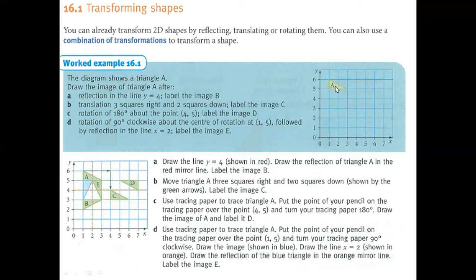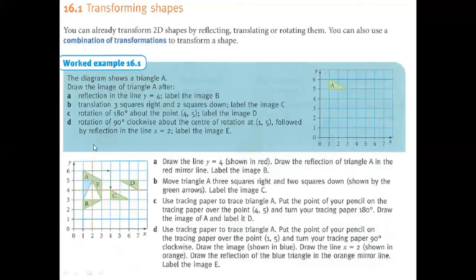When y is equal to 4 and we are reflecting, it will look like this. y is equal to 4 should be the mirror line. By reflecting this shape, the red line is the mirror line. Draw the reflection of A in the red mirror line and label the image B. So the opposite of the mirror of A should be B.